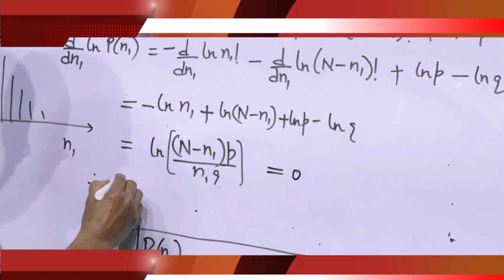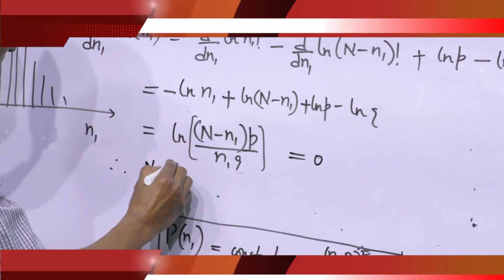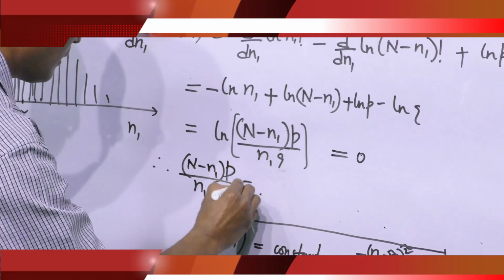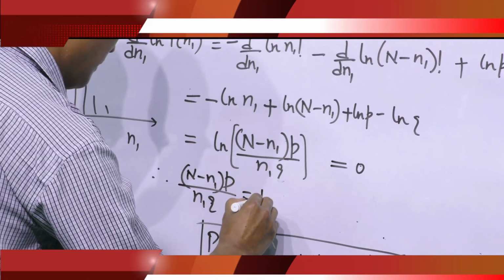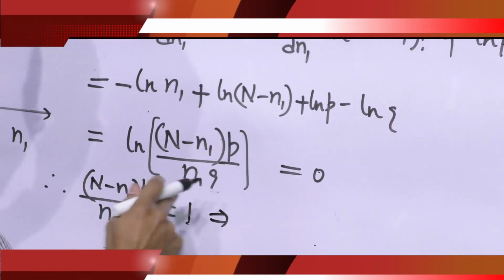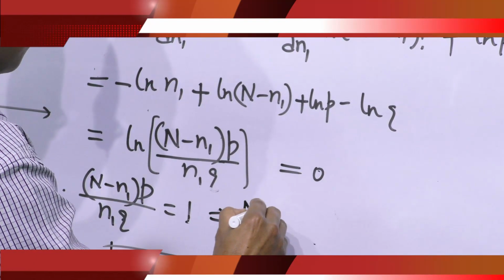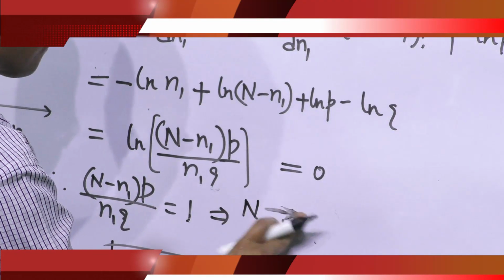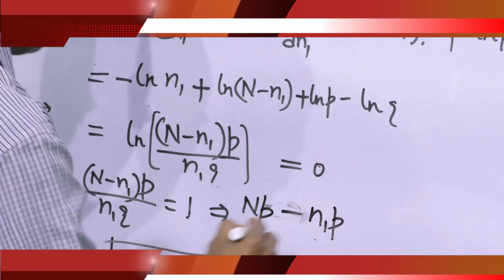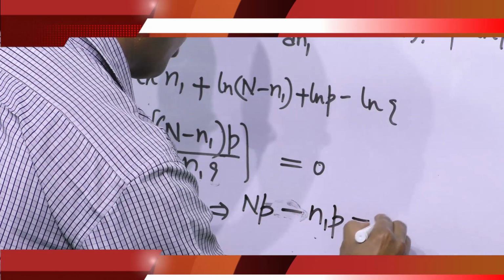This implies that (n minus n1) times p divided by n1 q is equal to 1, which implies that n minus n1 times p is equal to n1 q, so n minus np minus n1 p is equal to n1 q.